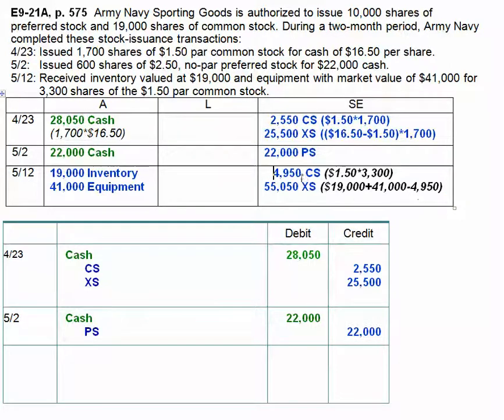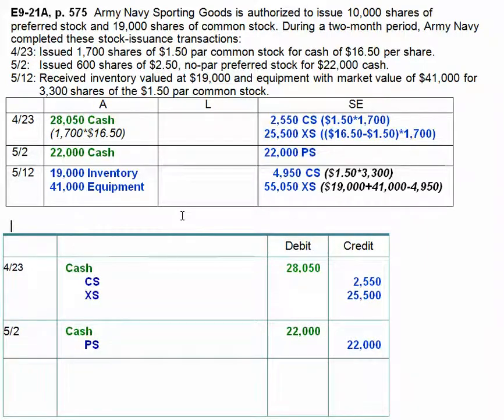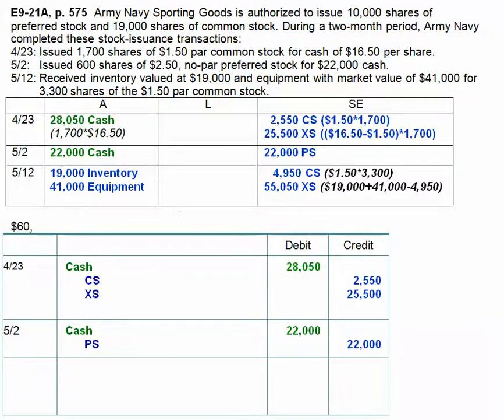Okay. Now you could figure out what you got per share. If you wanted to know what's the price we got per share, you take the 60,000 that you received, divide it by the 3,300 shares that you had to sell to get that amount in assets, and you get $18.18 rounded.